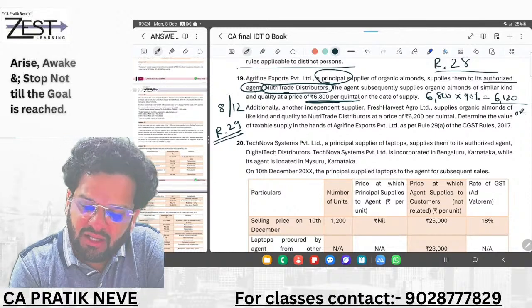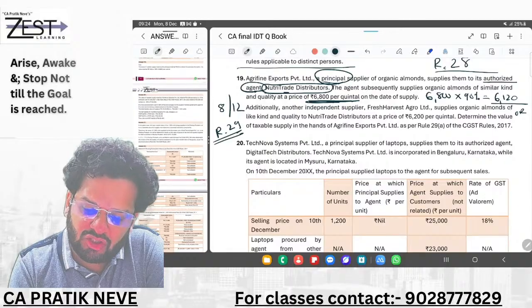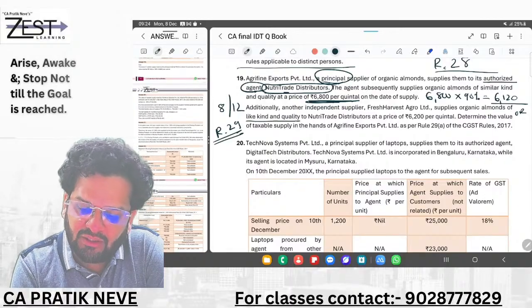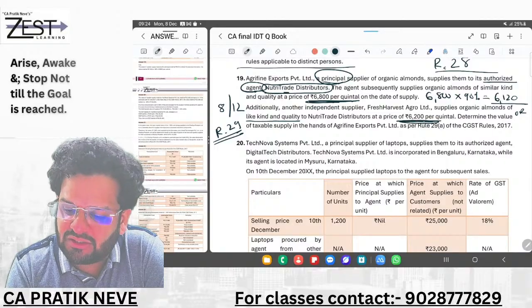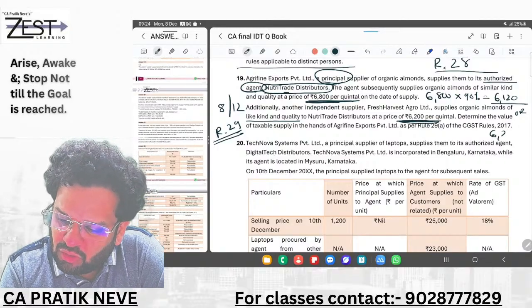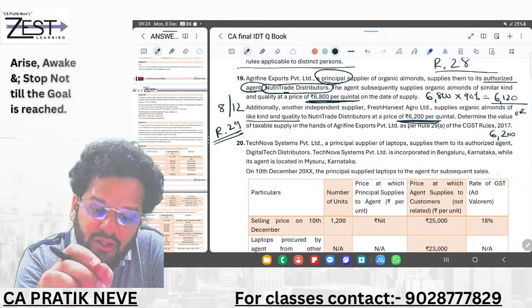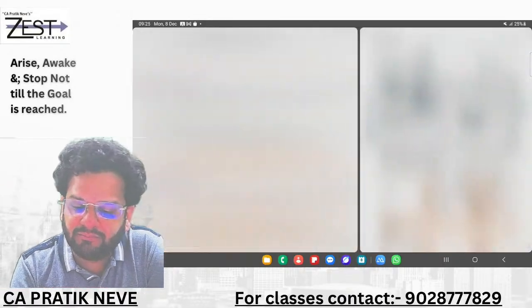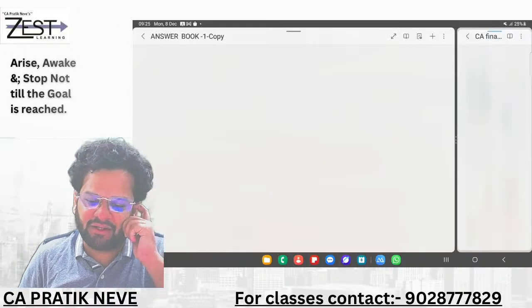So additionally, another independent supplier supplies organic almonds of like kind and quality to NutriTrade distributors at 6,200 per quintal. So 6120 or 6,200 at the choice of that principal, the assessable value can be taken.